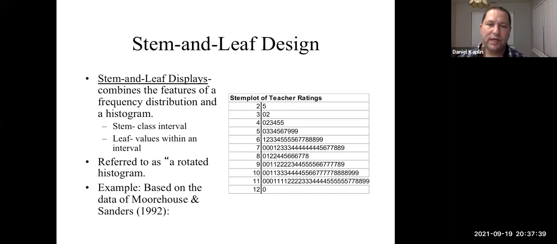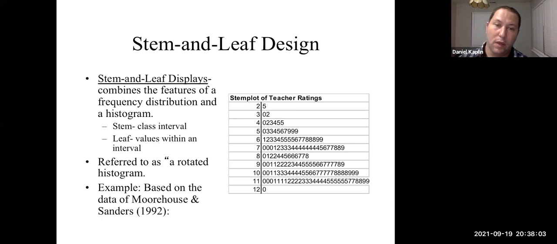So there are other ways to do this. Again, one of the tricky things we had with grouped frequency distributions, right, you may remember, was that it loses sensitivity. But there is a way, if you wanted to represent each individual score, so it keeps its sensitivity, and that's called a stem and leaf diagram or a stem and leaf display.